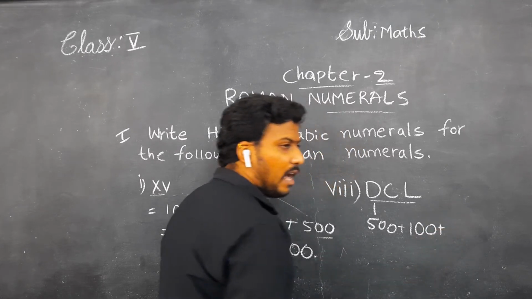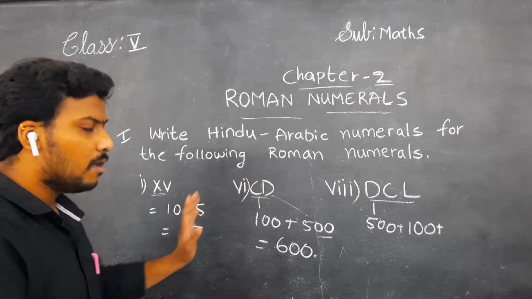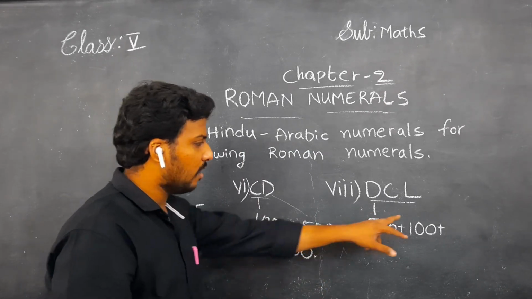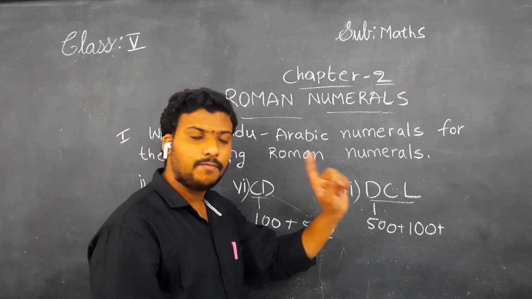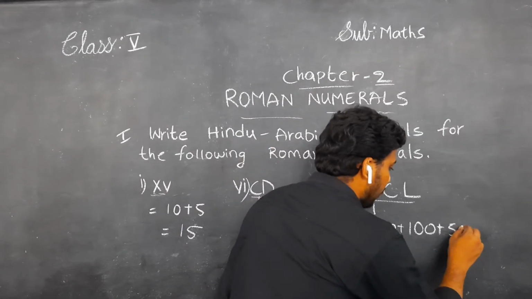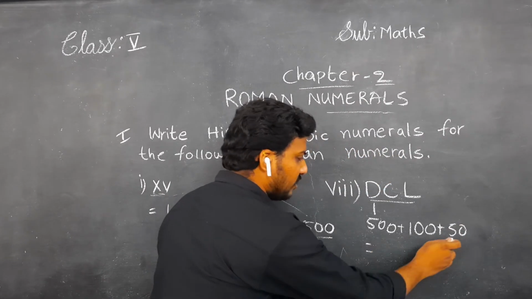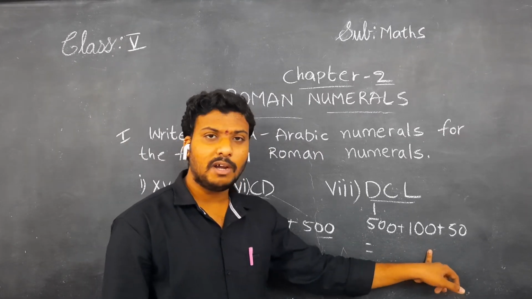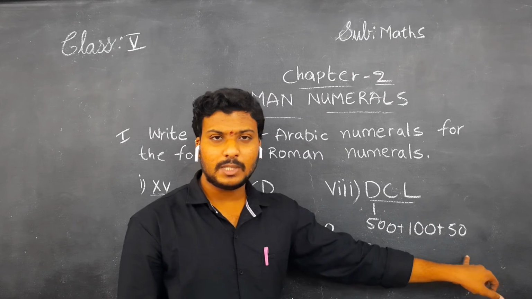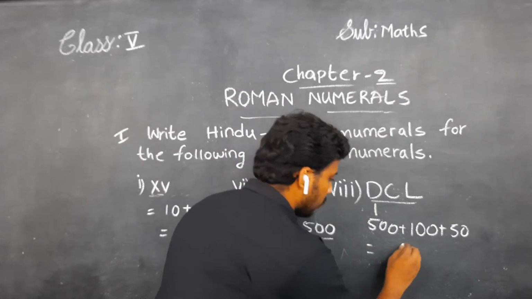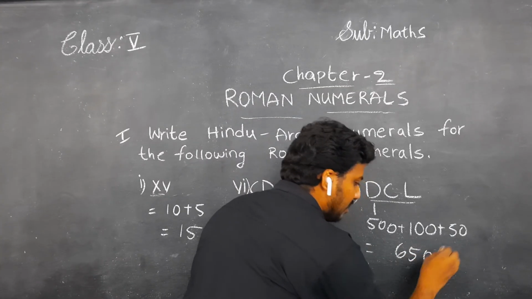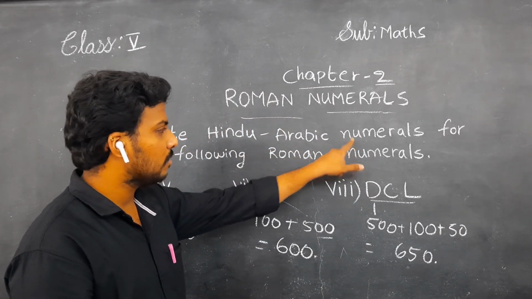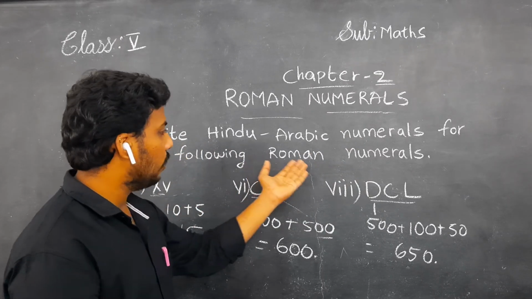Next, L. When I said the letters and their values, the value of letter L is 50, children. So add all these 3 figures: 500 plus 100 is 600, 600 plus 50 is 650. Understand, children? Like this, you have to convert the following Roman numerals into Hindu-Arabic numerals, children.